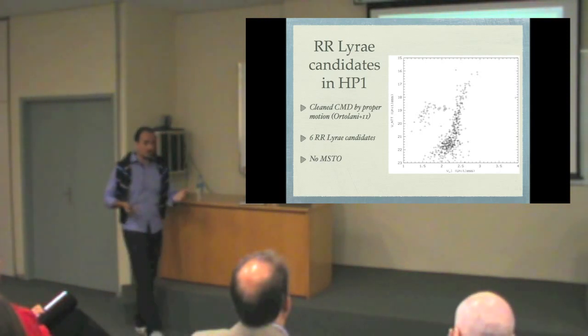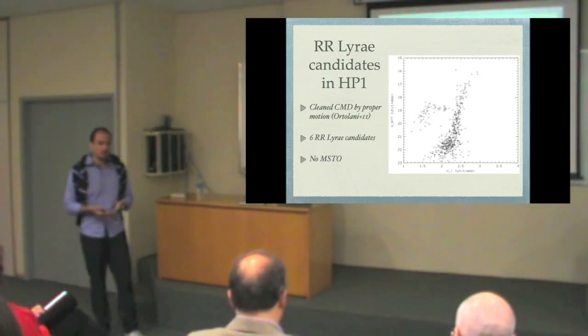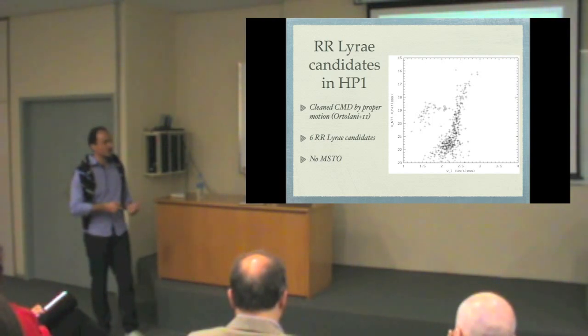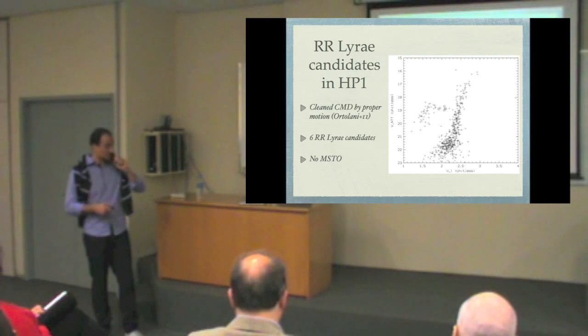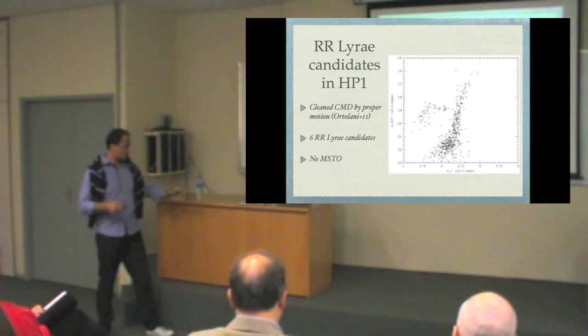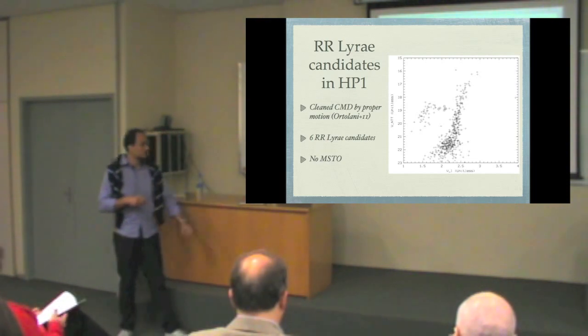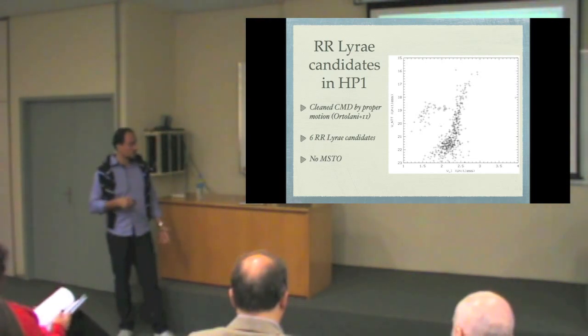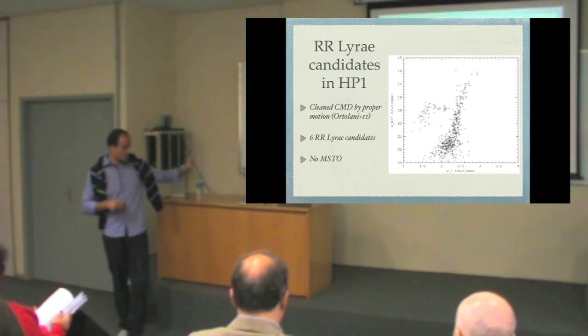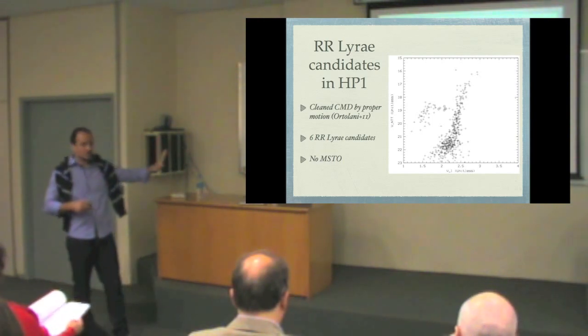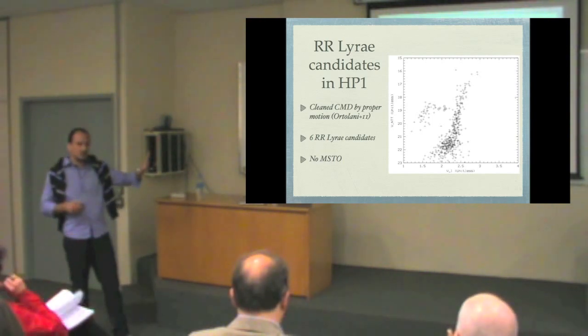And here, if you think that this could be the oldest object, you of course have to derive the age based on a turn-off on a CMD, for instance. And we try to observe these in Hubble to derive some ages. But as you may know, the derivation of age is sensitive to the distance.